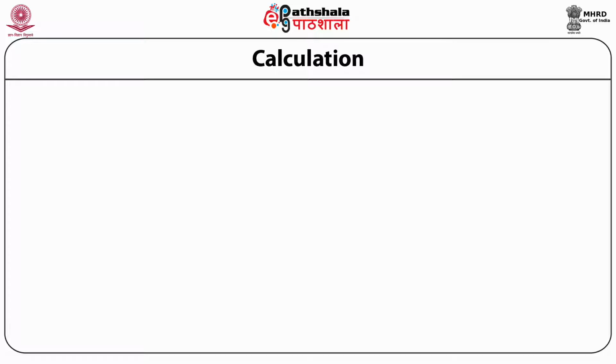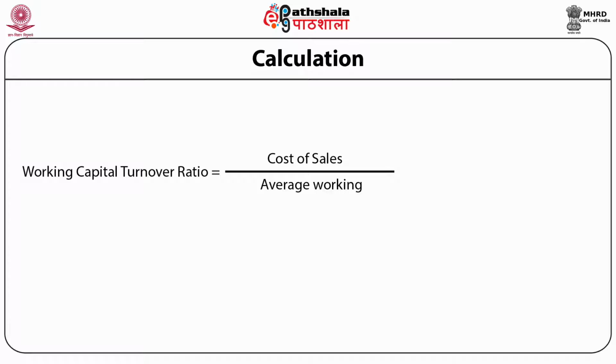We calculate working capital turnover ratio by dividing cost of sales by average working capital. Working capital will be equal to current assets minus current liabilities.